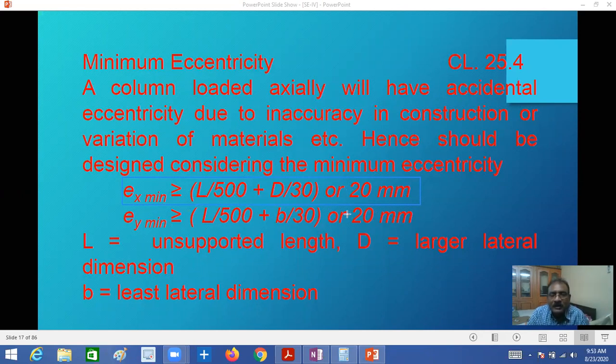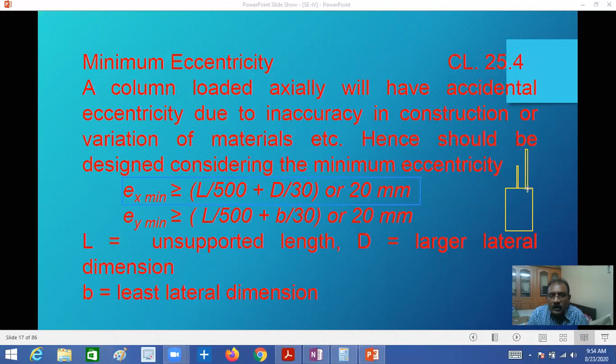Because of inaccuracy in construction, it should not be more than 20 mm. If it is more than 20 mm, what will happen? See, suppose this is the center line, and your load is somewhere here.